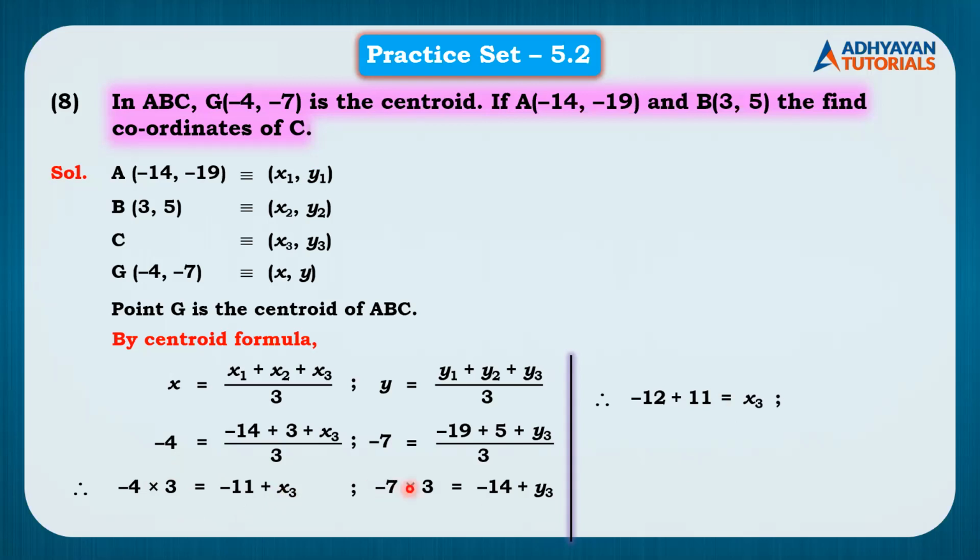Now minus 7 into 3, minus 21. Same, minus 14, if it goes to the left hand side, will become plus 14, is equal to y3. Now minus plus minus, minus 12 plus 11 is minus 1. So x3 is equal to minus 1. Minus plus minus, 14 out of 21, 7 remains, sign of the greater number, minus. So y3 is equal to minus 7.